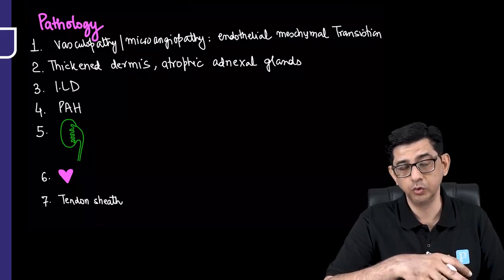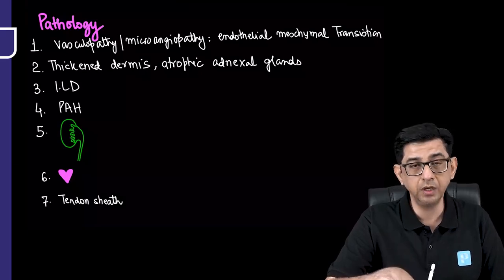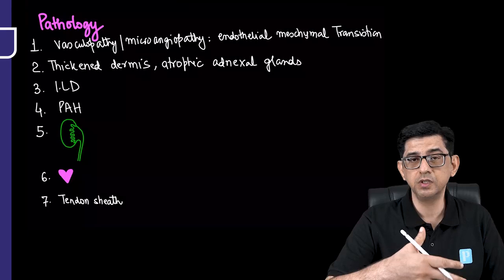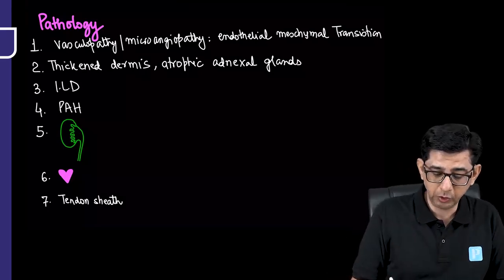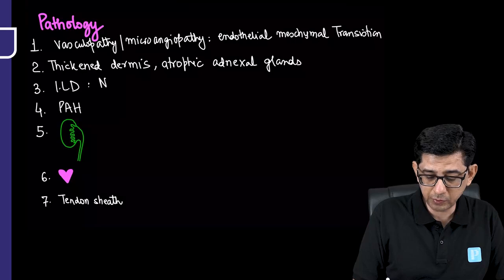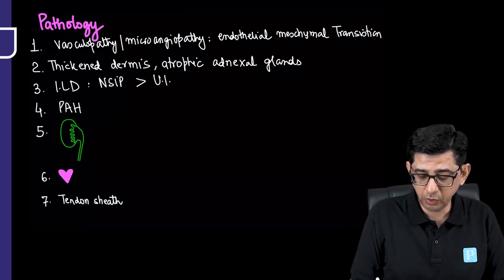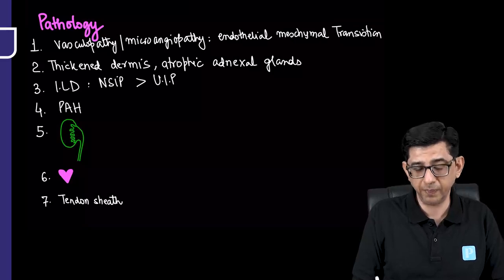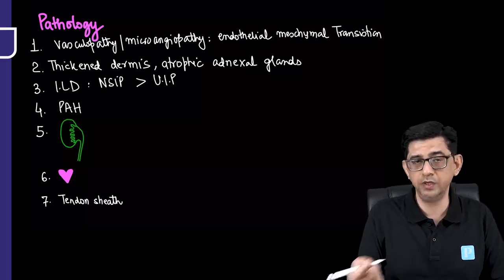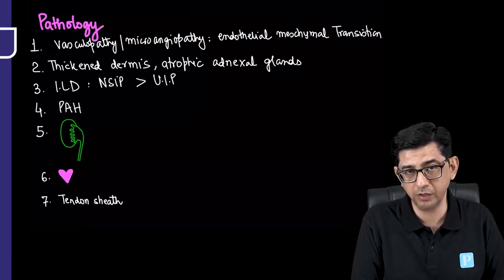So the combination of the two, that is hypoxia by interstitial lung disease, because there is fibrosis developing in the lungs. In fact, from the pathology perspective, one of the subtypes of interstitial lung disease that is common in this condition is non-specific interstitial pneumonitis. Traditionally, you are aware that we have the UIP variant. In fact, I would suggest you listen to the interstitial lung disease topic subsequently in RESP also.